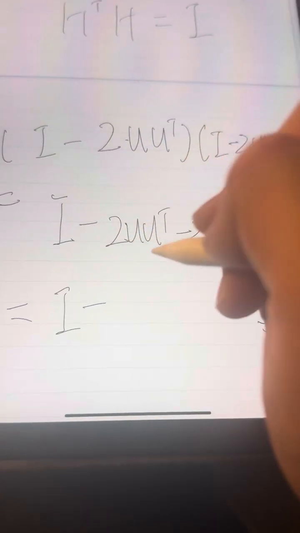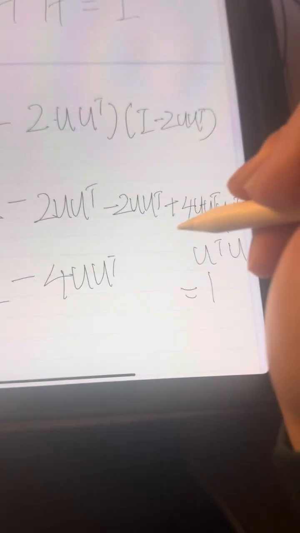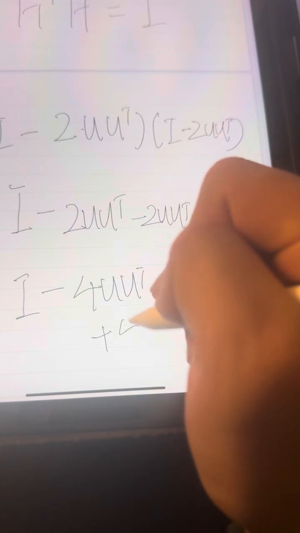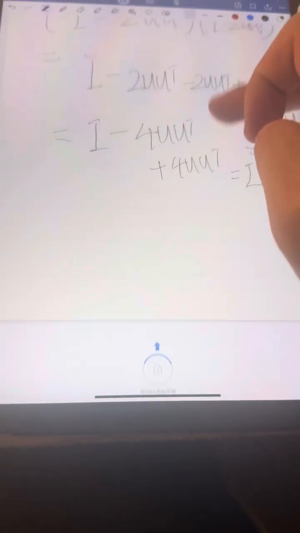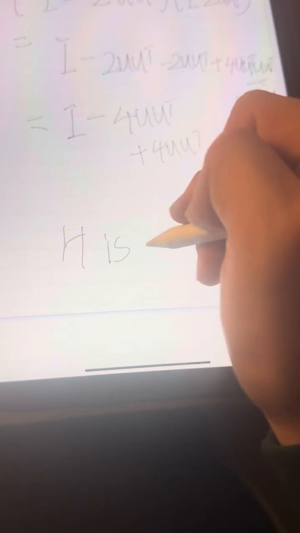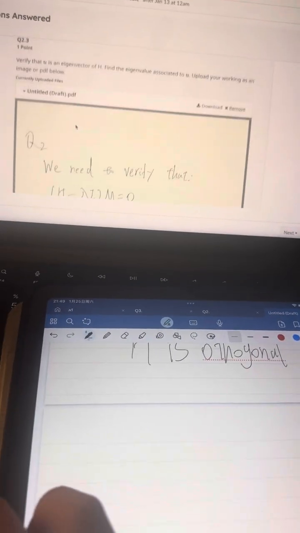So this equation is going to be I minus 4 U U transpose plus 4 U U transpose, and it is exactly the identity matrix. So it's obviously like H is orthogonal, right? Okay, it makes sense.